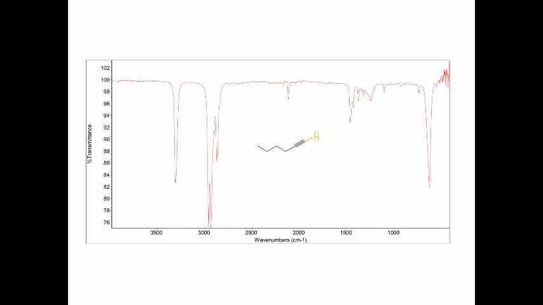So what we would expect for this molecule is that we would have an sp carbon hydrogen, and that's exactly where this should show up, sp carbon hydrogen. We also have our carbon-carbon triple bond. Remember, not a very polar bond, and so we expect a very small peak here, but this would be our carbon-carbon triple bond peak.